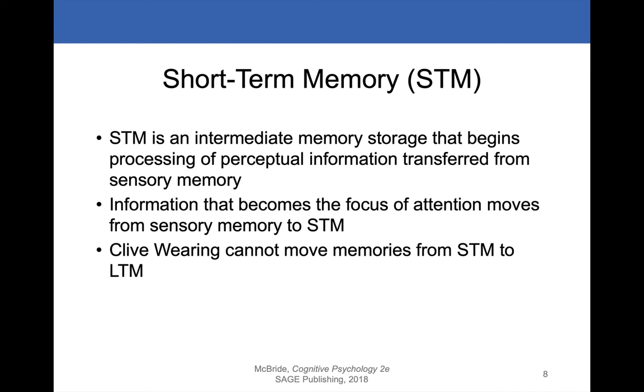Working memory is also used to describe the system that controls the processing and the activation of information that's held in short-term memory. This guy, Clive Waring, is not able to move memories from short-term memory to long-term memory because he suffered from a severe case of encephalitis, which essentially killed his hippocampus.